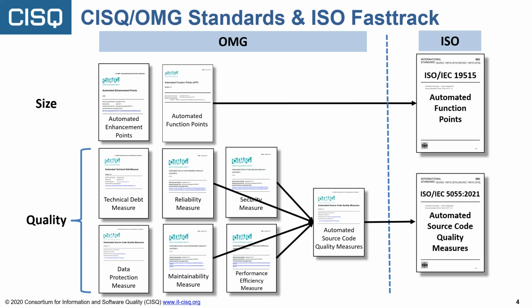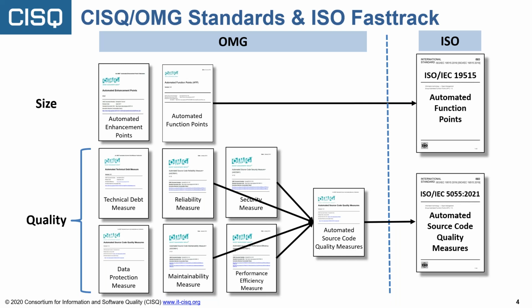The original four quality measures, reliability, security, maintainability, and performance efficiency, were defined for IT applications, for business applications. We then upgraded those to also measure weaknesses in embedded software, and we combined all four upgraded measures into a standard called automated source code quality measures.